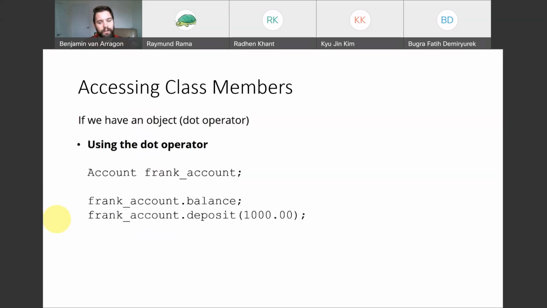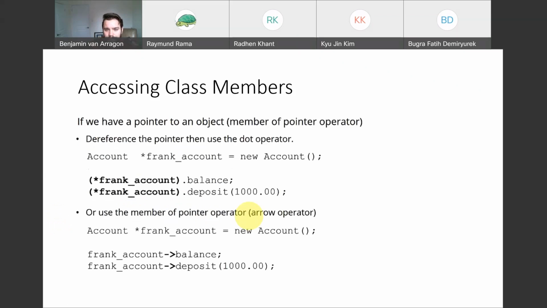So here I've got an account called Frank account, and I just have to use my object name Frank_account and use that dot operator, and I can call dot balance or dot deposit. And those are the methods, and I can call those methods and pass values into them if they're expecting arguments, and we can access those class members.